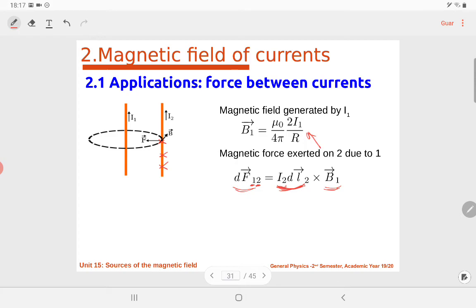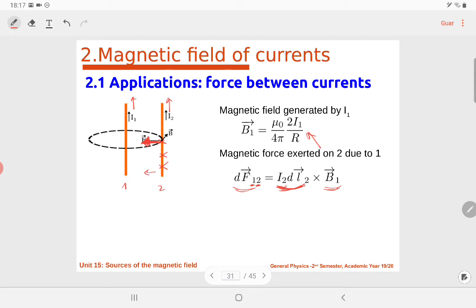You place your index finger in that direction, then your middle finger going into the screen, and this leaves your right hand thumb pointing towards the left. So if you have two parallel currents with the same direction, there's going to be a force exerted by the first one on the second one that tries to push the second one towards the first one.